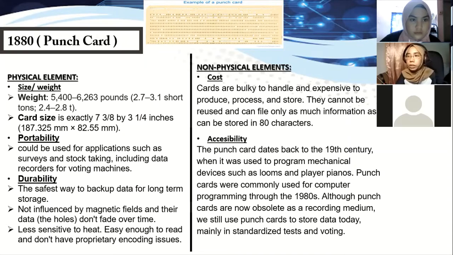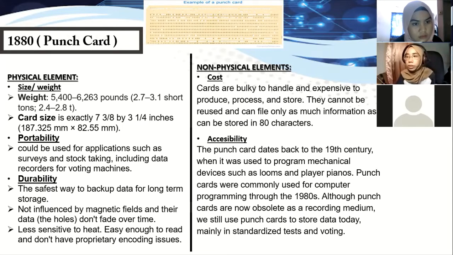Okay, for the size, a punch card can hold about 80 characters and a box of cards holds 2000 cards. The size is 7 3/8 by 3 1/4 inches.